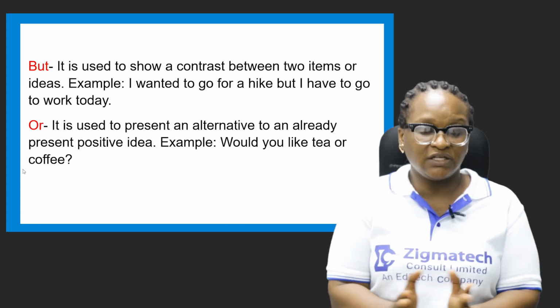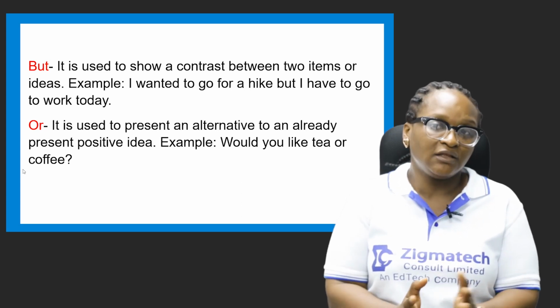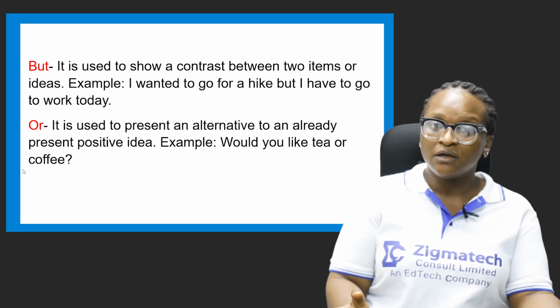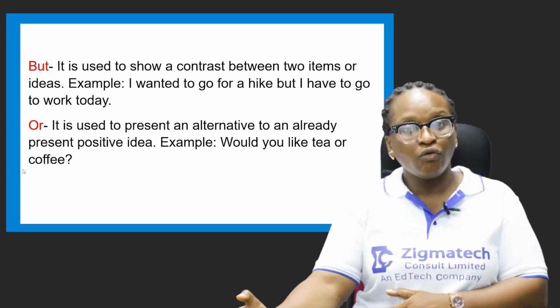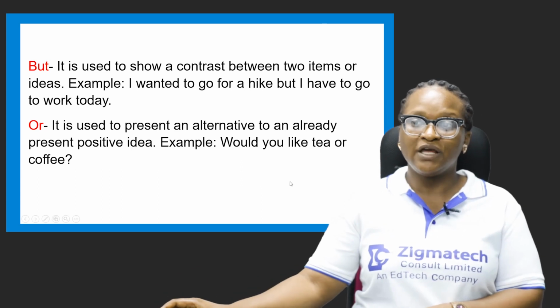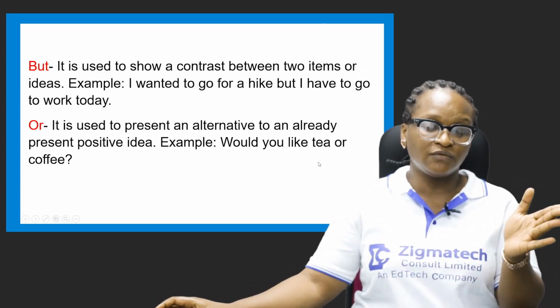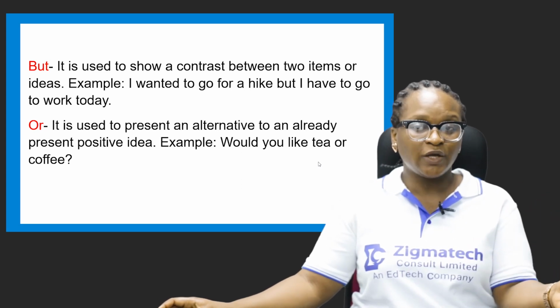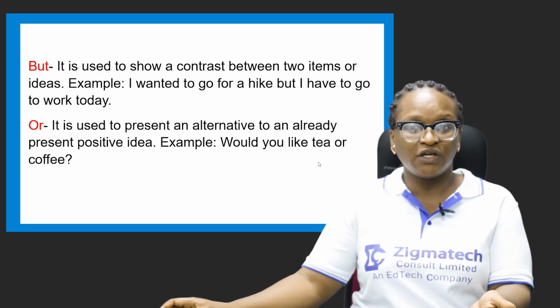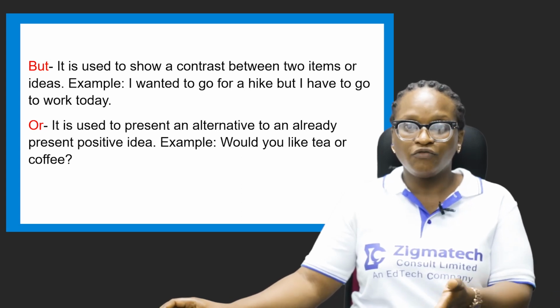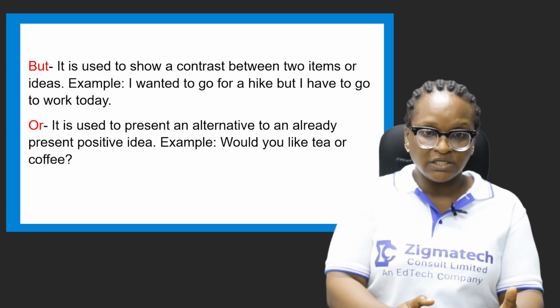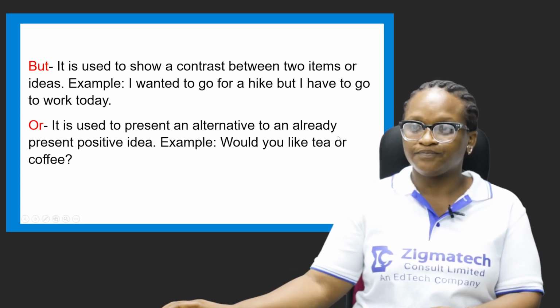There are two positive things. There are two good things. Which would you like? This or this? Unlike nor. Nor is saying this is not going, nor would this go. That's the difference between nor and or. In the aspect of nor, there are two negative things. You are not taking either of them. Then for or, there are two positive things, this or this.